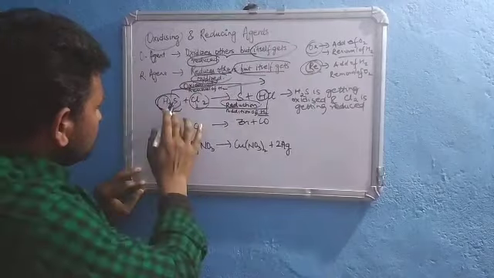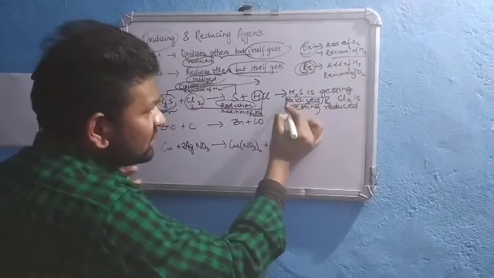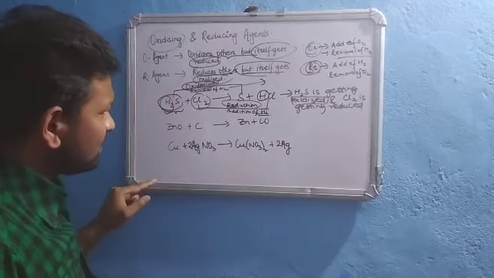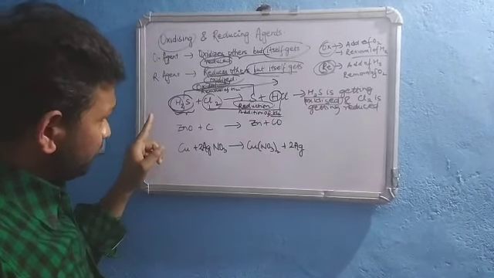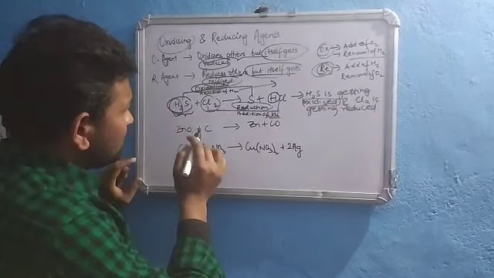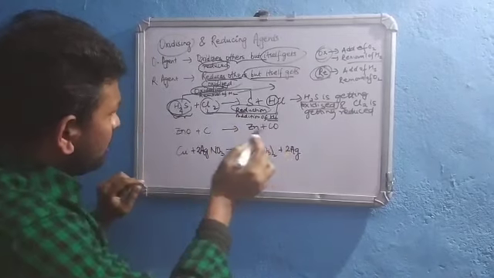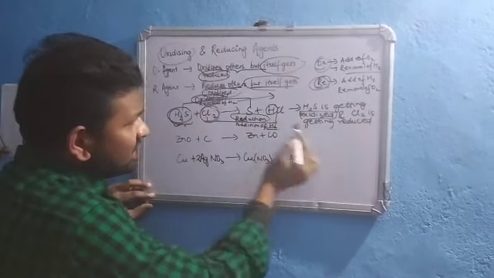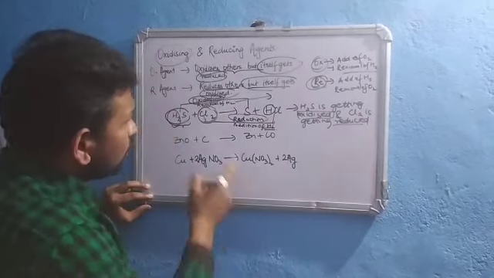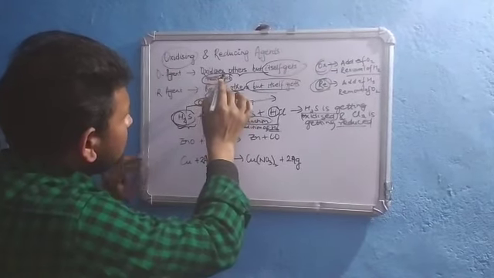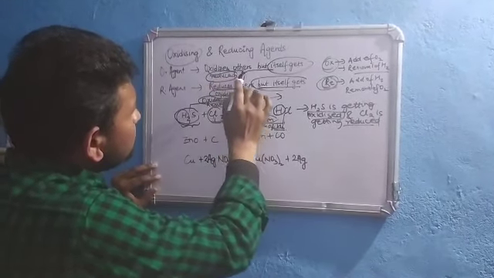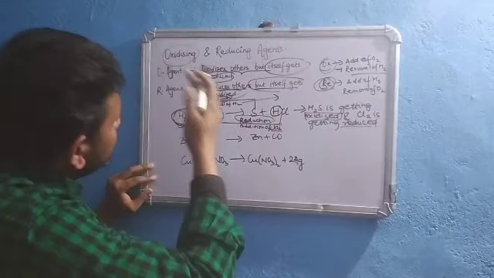Are you understanding? So H2S is getting oxidized, but it is reducing others, right? Similarly, chlorine is getting reduced. So from the definition itself, oxidizing agents are those which oxidize others but itself get reduced.